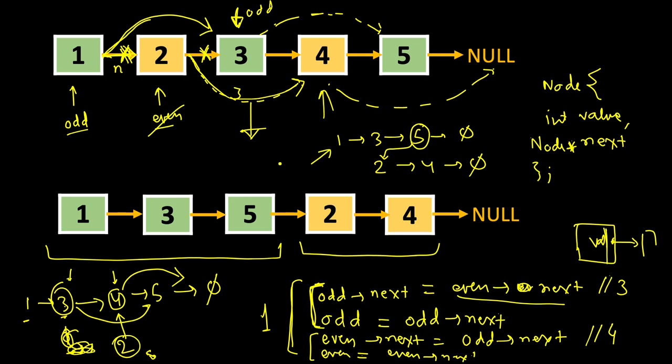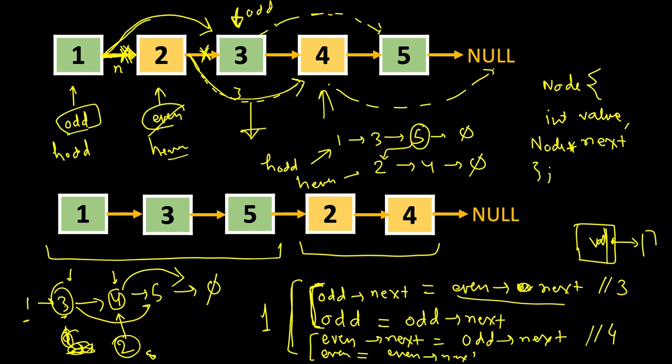We will keep this as head odd, and the next we will call head even. We can initialize it in the beginning itself. And these will not change. These odd and even are the pointers which we will be changing. And in every step we are doing just these 4 things.